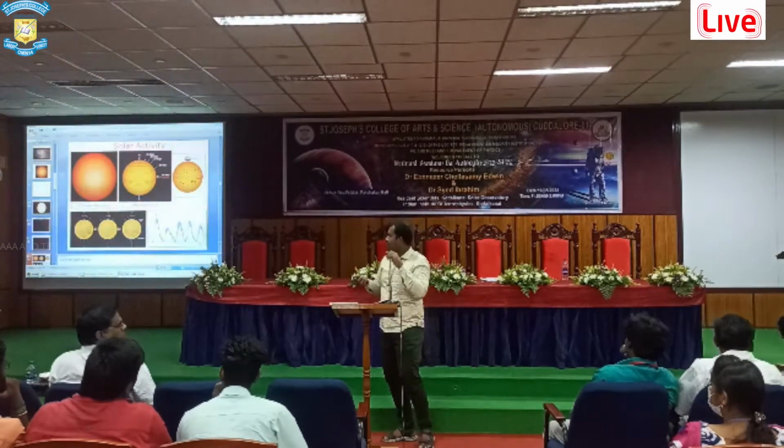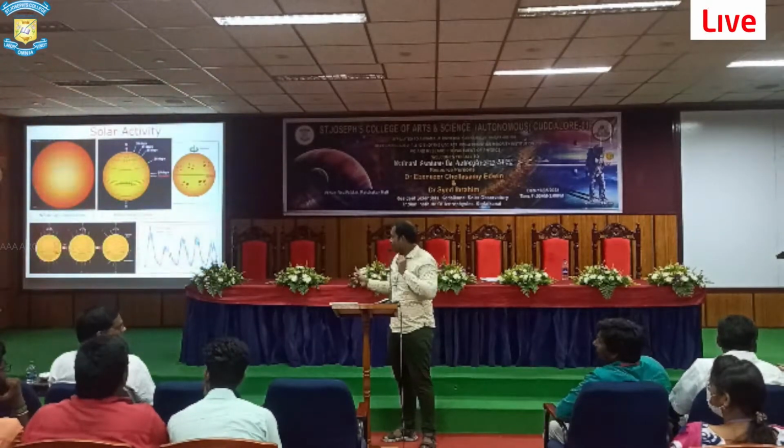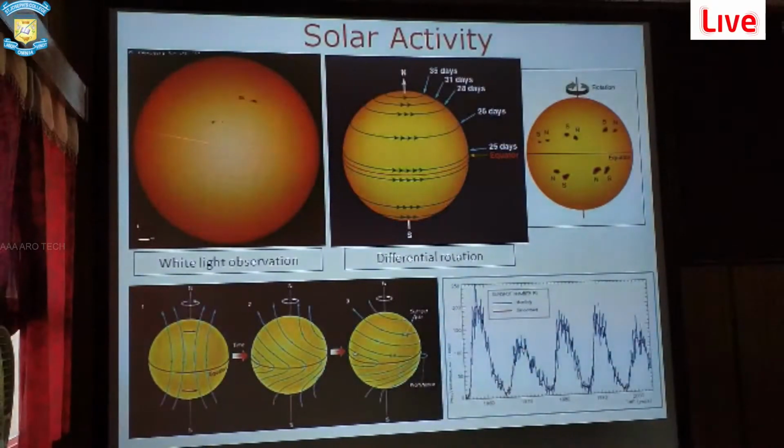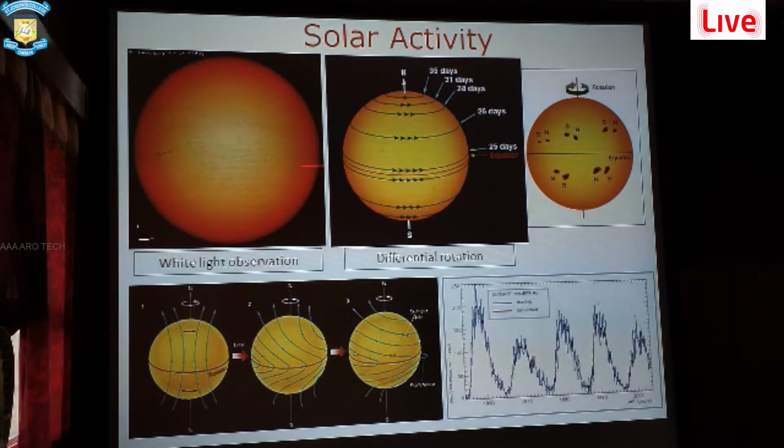So already in the previous talk you saw all these things. So this is the sunspot variation. All the sunspots are moving towards the equator only. Here you see the number of arrows indicating the speed of that layer. So the equator is rotating very fast. It takes 25 days for a single rotation.